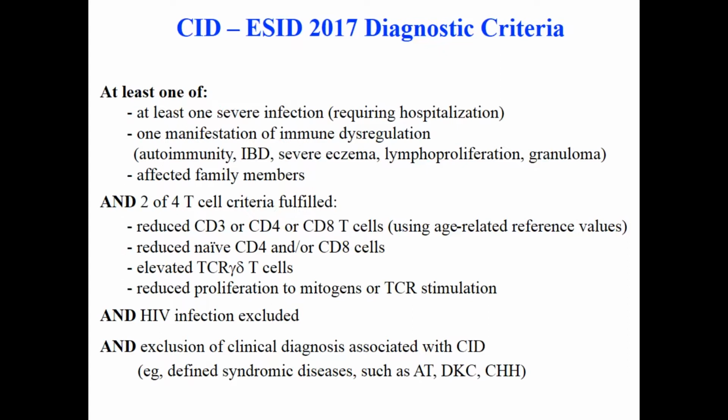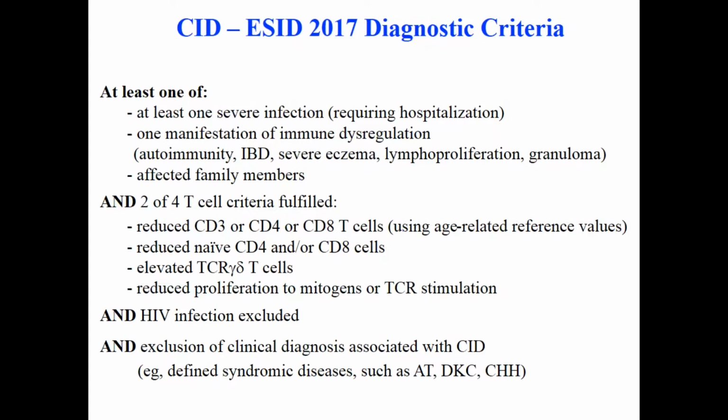Reduced number of the newly generated T-cells, naive CD4 and CD8, elevated number of T-cells that express one specific type of T-cell receptor, gamma delta, that typically is only present in 10 to 15% of peripheral T-cells. It can be much higher than that in patients with combined immunodeficiency. And again, reduced function of those T-cells as measured by reduced proliferation to mitogens.